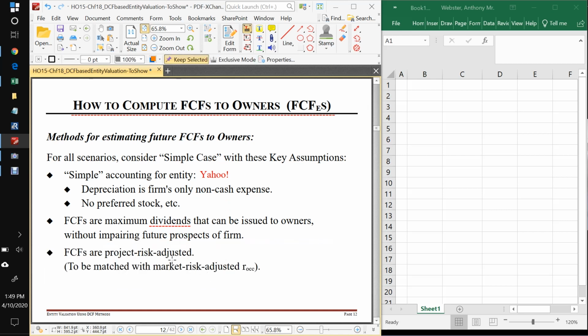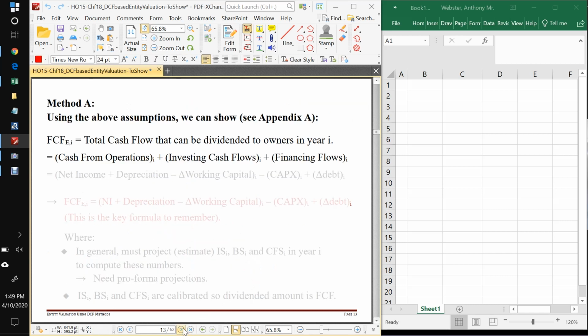And finally, let's also say our free cash flows are project risk adjusted. And that corresponds very well to our CAPM model, our opportunity cost investment model, and generally all the ways that we've been thinking about our opportunity cost of capital. That way we'll be sure we have all the risks and we're not double counting any risks. Okay, so let's look at a couple methods for getting these quantities for owners.